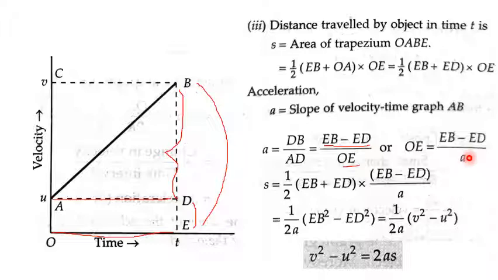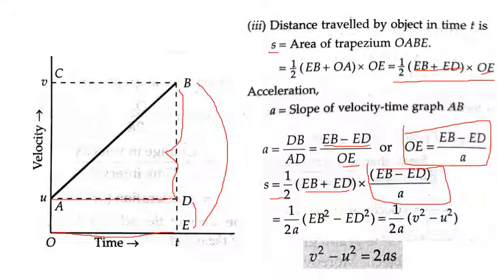Fine. Now, coming to this equation, distance traveled in time t, s equals half of EB plus ED times OE. And here we have derived what OE is. OE is EB minus ED by a. Fine.